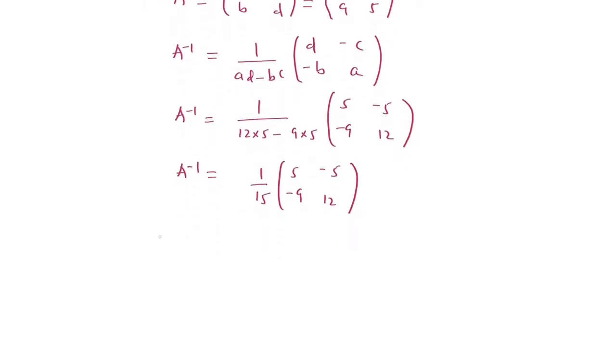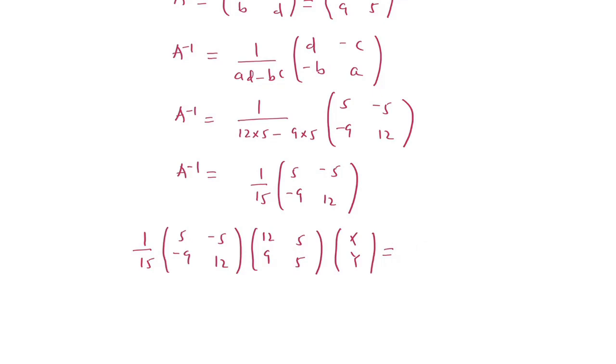Then our equation is going to be 1 over 15 times matrix [5, -9; -5, 12] times matrix [12, 9; 5, 5] times matrix [x; y] equals 1 over 15 times matrix [5, -9; -5, 12] times matrix [9,950; 8,150].